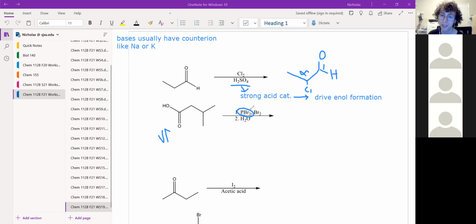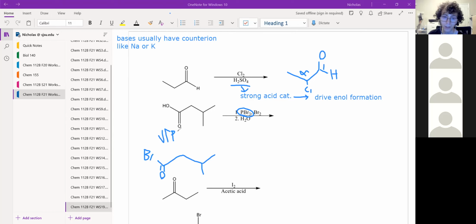What happens if you add PBr3 to a carboxylic acid? What kind of product should that make? This is a reaction from chapter 21 with the carboxylic acids and their derivatives. Yeah, it replaces the OH with a bromine to make an acid bromide.